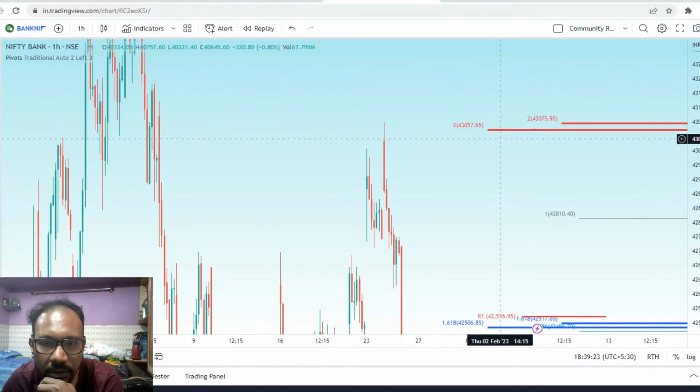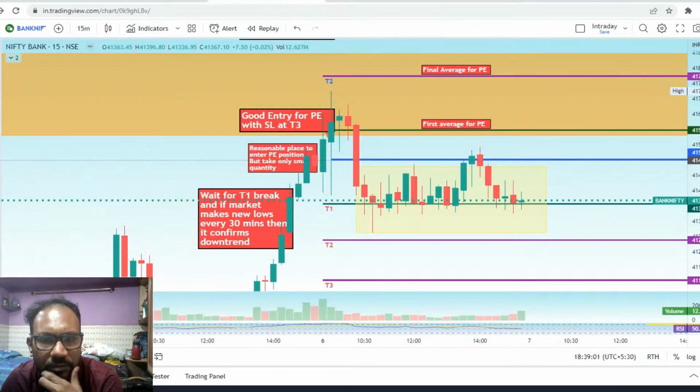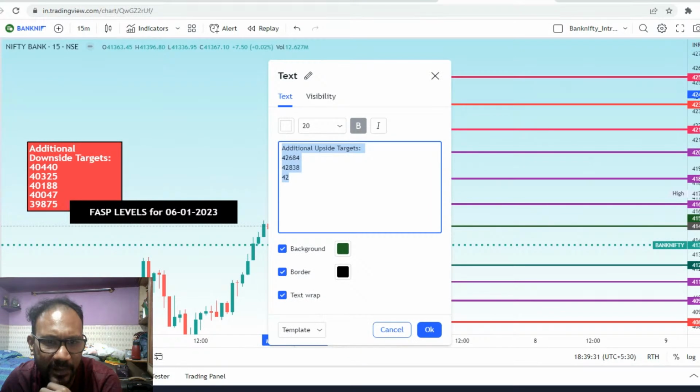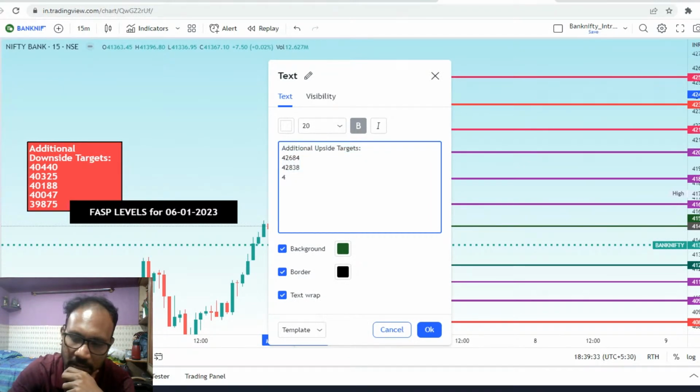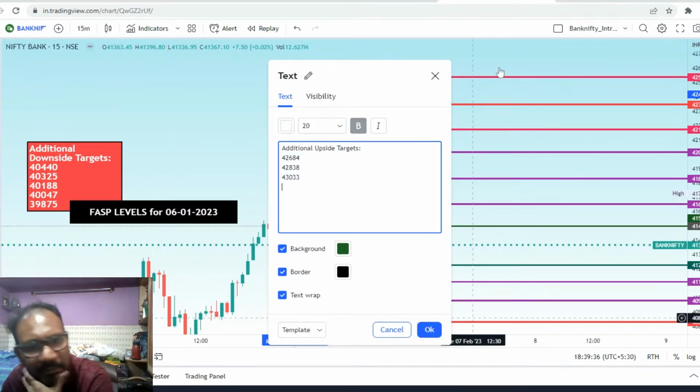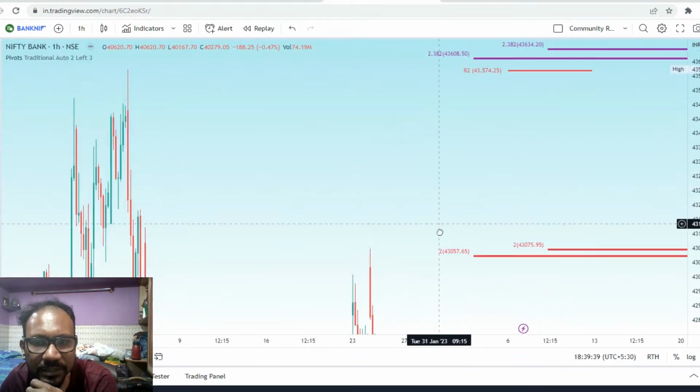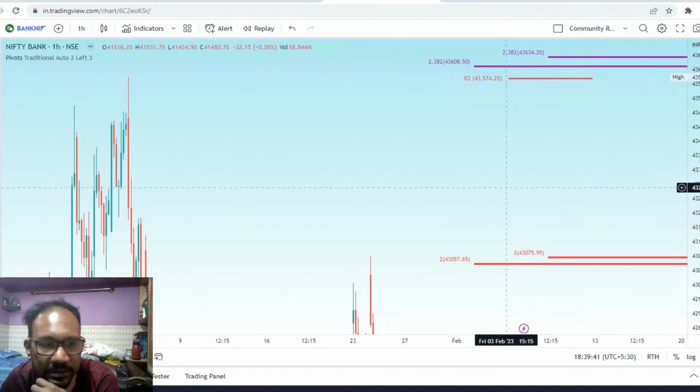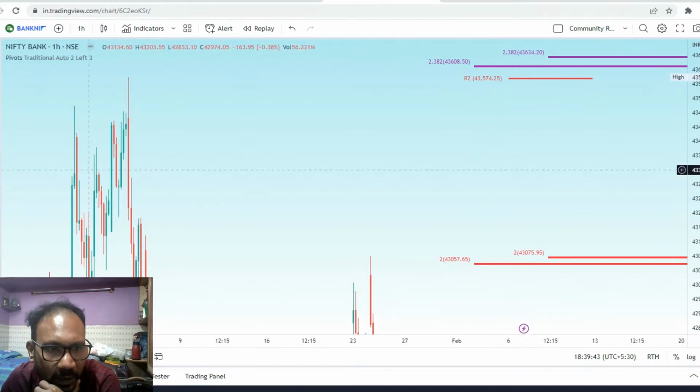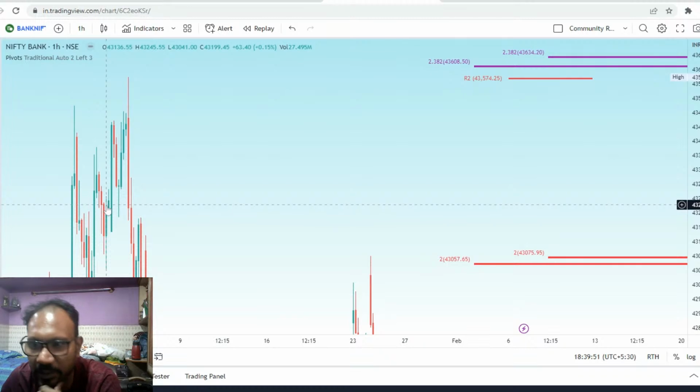Actually, this looks good. 43,033. Okay, 43,033 looks good to me. Right. Going above further, then you see a lot of bars ending. Like here it is ending, here it is beginning, here it is ending, here it is beginning. This looks like a very good point to me.